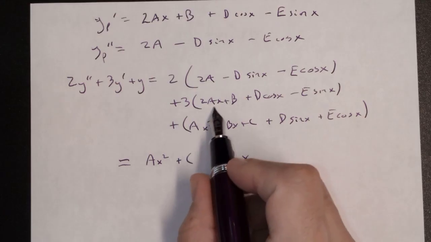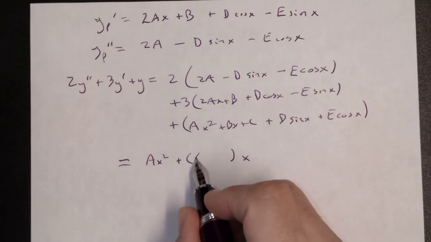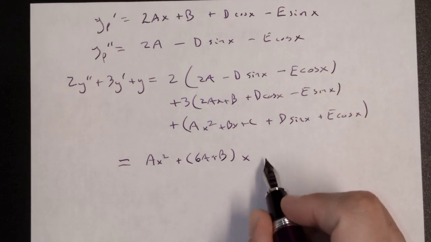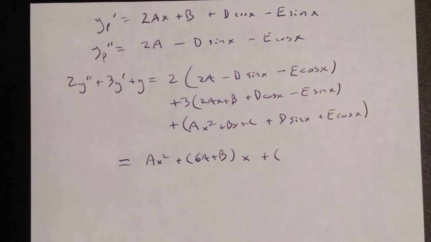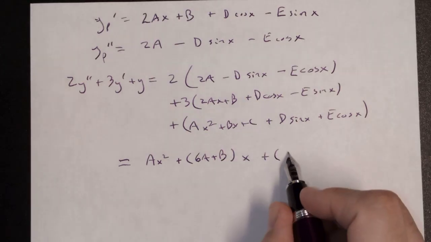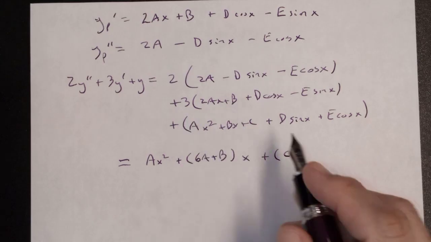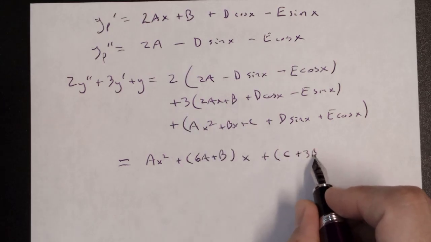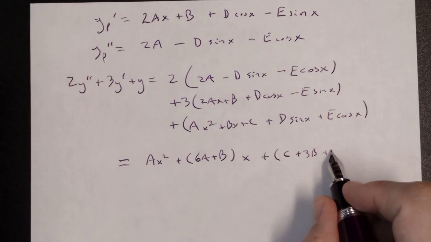From here, 6a and b. Constants. Well, I've got a c here. I've got a 3b. And I've got a 4a.